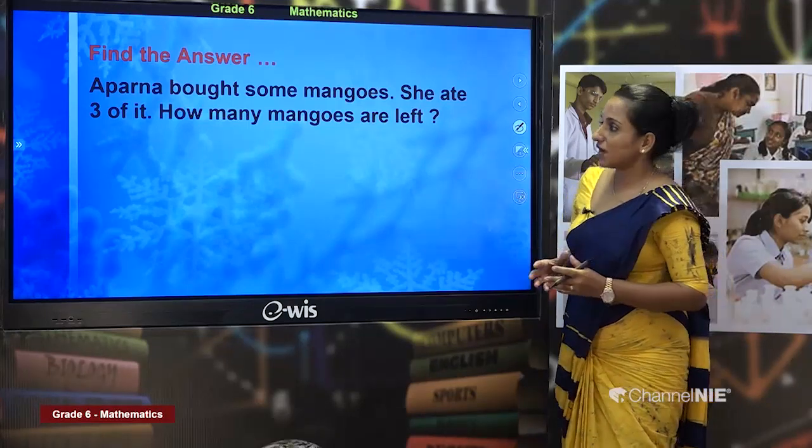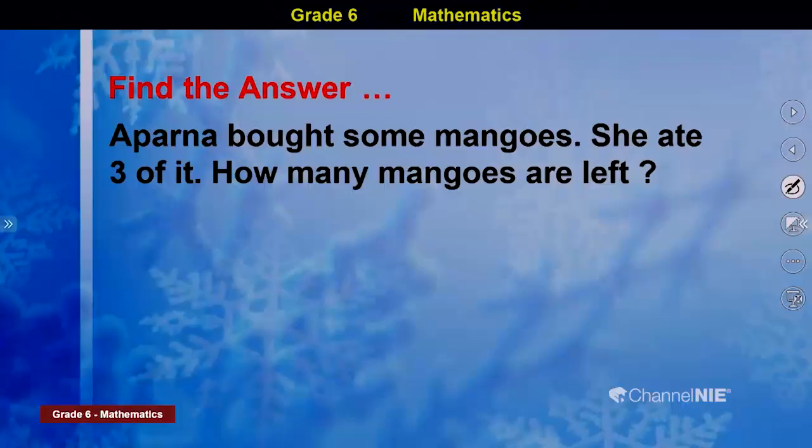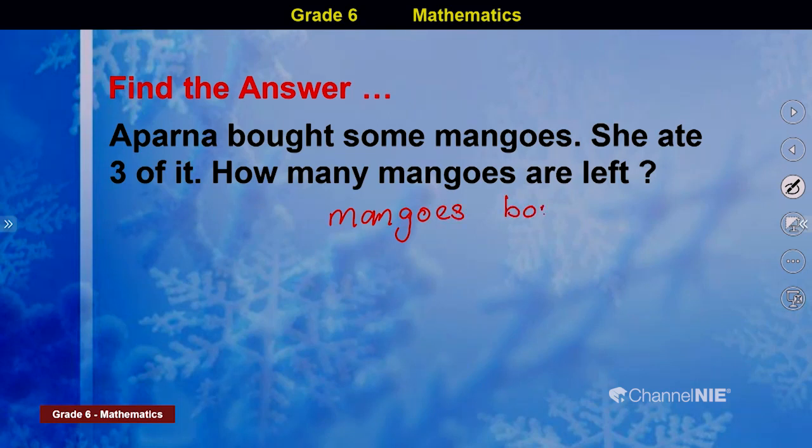Therefore, I can write mangoes bought as M. I used M. You can use any algebraic symbol you like.